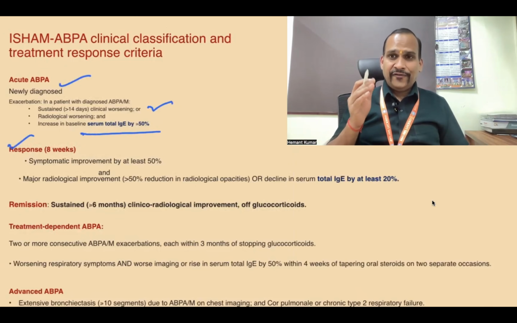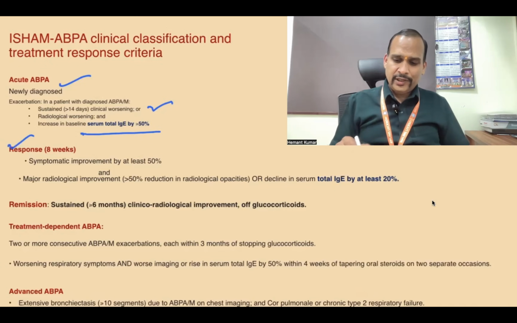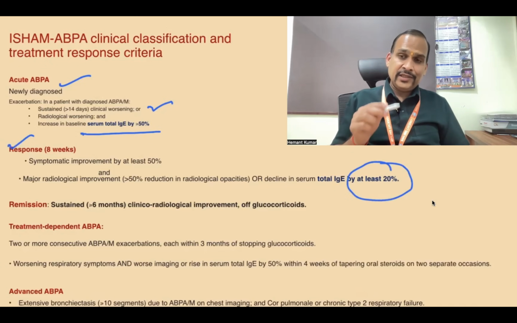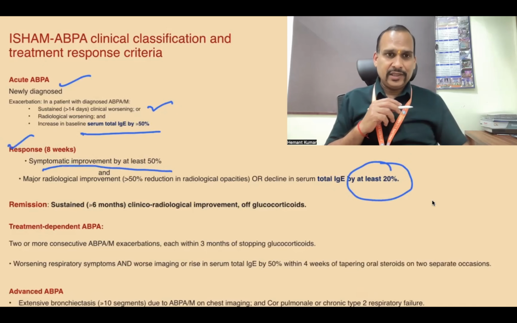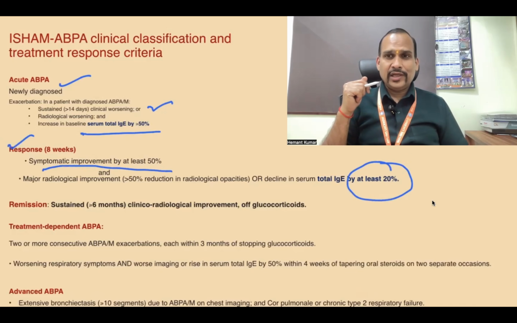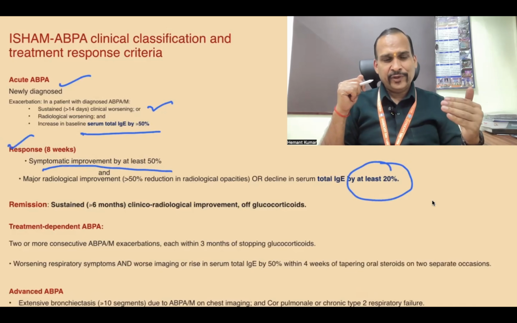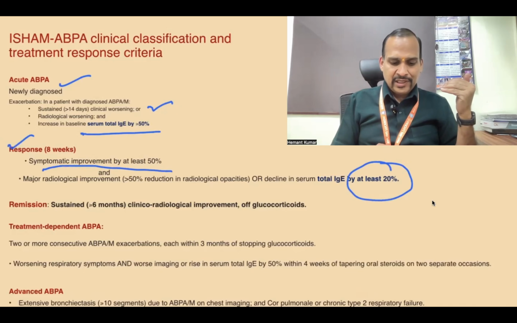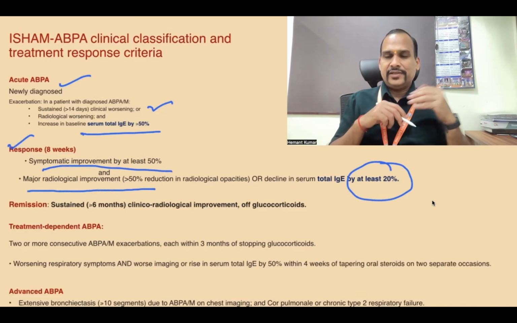Response: after 8 weeks, IgE should be reduced by 20% and the patient should have improvement in symptomatic control by 50%, measured by visual analog scale, and radiological improvement by 50%.